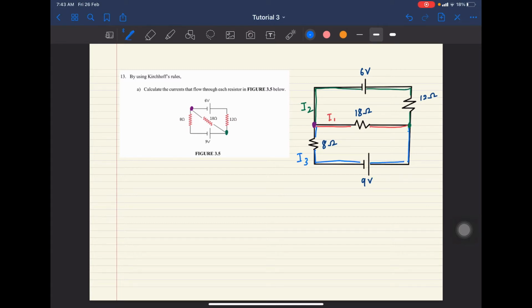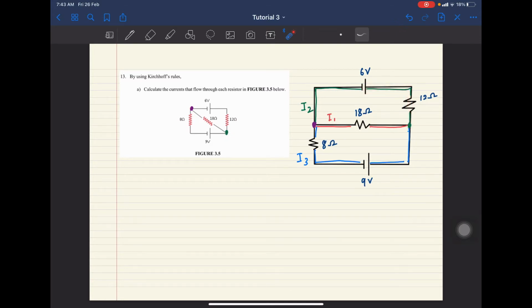Okay, every time you redraw your circuit, always double check. This one I already checked. So make sure you have 2 junctions, and then make sure you have 3 resistors. Okay, so my method of drawing this, I start again, it's the same method as previously. Start from the positive terminal, go through the resistor like that, and then a junction, the green junction.